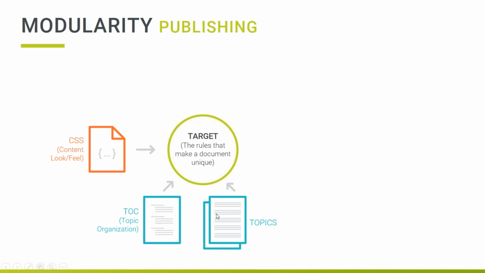Now that is good for controlling the look of my authored content, my topics. But in the case of something like PDF, we also need to control the headers, the footers. Are we going to have different headers and footers on odd pages and even pages? What should our chapter start page look like? Those components would all be controlled in a page level template. It's almost like working in InDesign. It's very graphical, very visual.